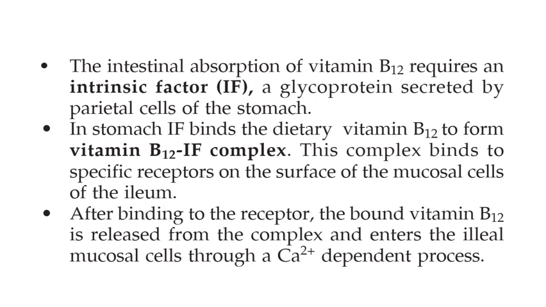Once this B12 and IF complex binds to the receptor, the B12 is released from the complex and the receptor moves back. This B12 enters the ileal mucosal cells through a calcium dependent process.